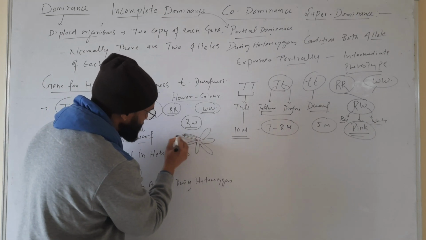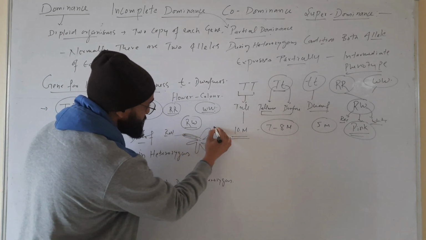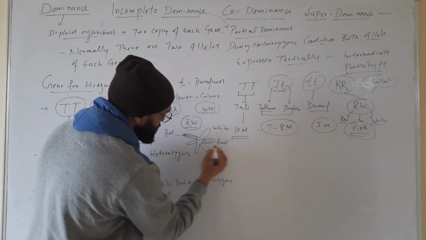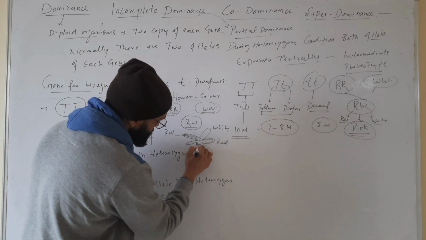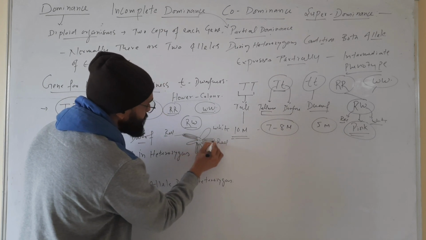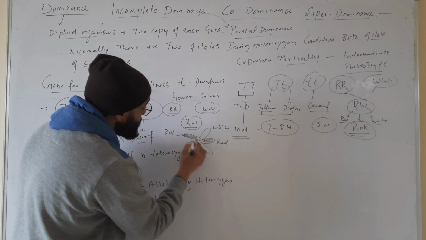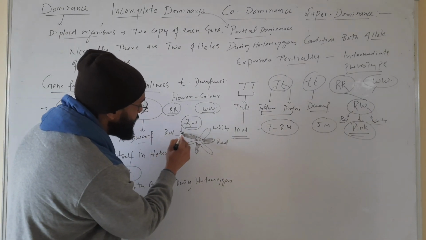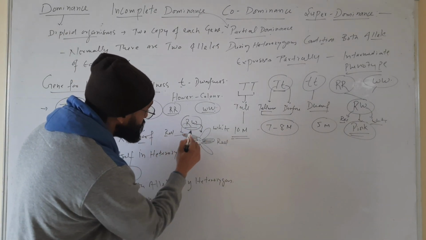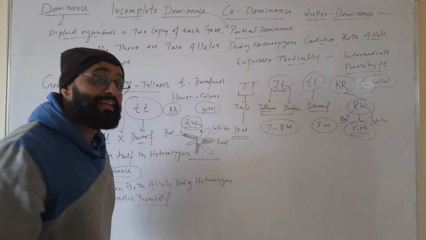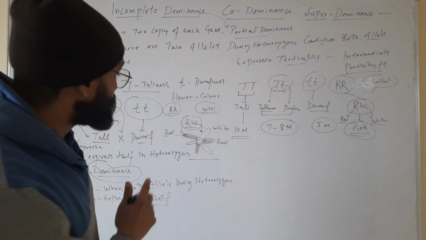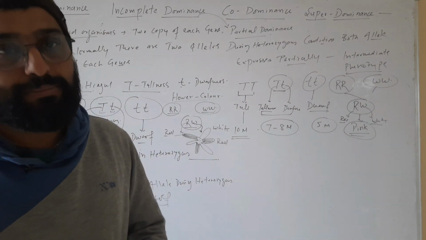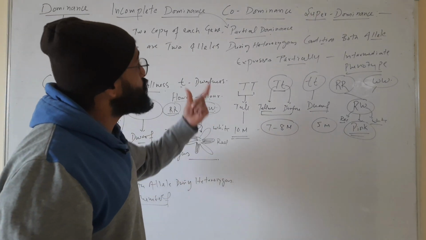Suppose this petal is red, this is white, this is red, this is white, and this is red. So you can see that both alleles are expressing. This red color is due to this allele and this white color is due to this allele. So here both alleles are expressing themselves. This is called codominance. When both alleles express themselves, this condition is called codominance.